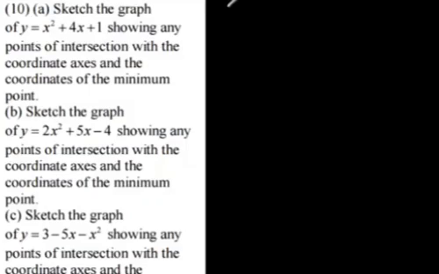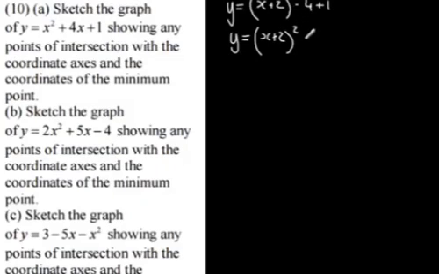In the last video, we saw that this can be written as y is equal to x plus 2 all squared minus 4 plus 1. So y is equal to x plus 2 all squared minus 3. So that is in completed square form.